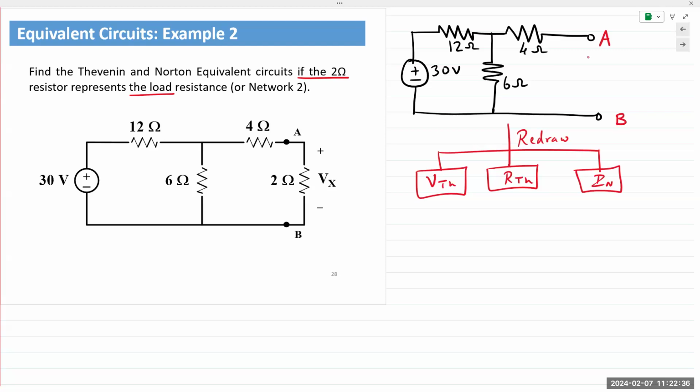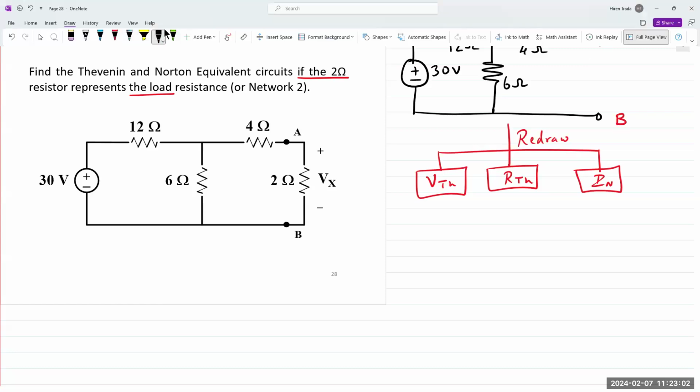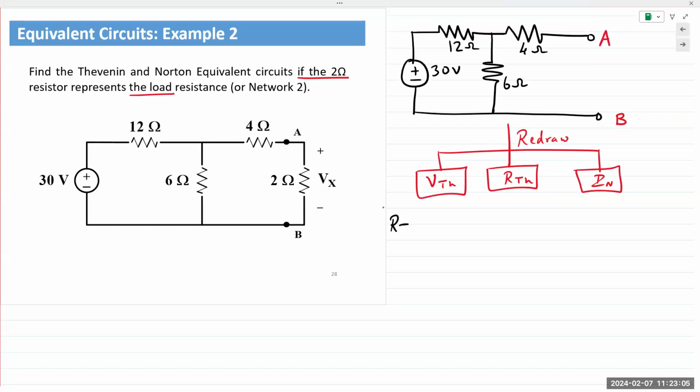You perform 3 separate analyses to find the 3 quantities. So far, so good. Again, this is not something that you have to draw out in a quiz or in an exam. So let's begin. Let's start with the first and the easiest, RTH.